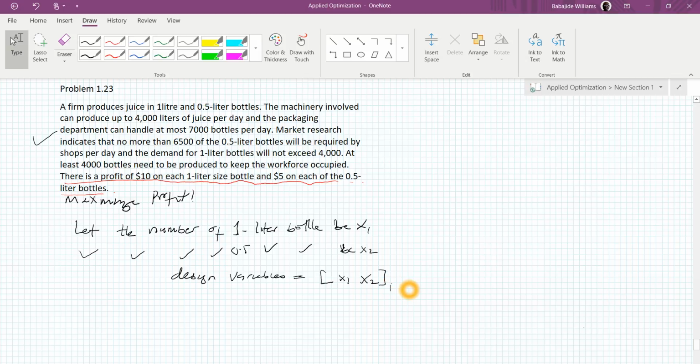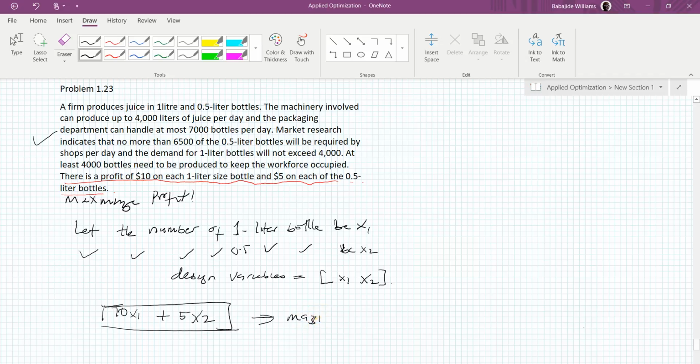Okay. From the last sentence, we can come up with the objective function. It says there is a profit of $10 on each 1 liter size bottle and $5 on each of the 0.5 liter bottle. So I can say right here that 10x1 plus 5x2 is what I'm trying to maximize.